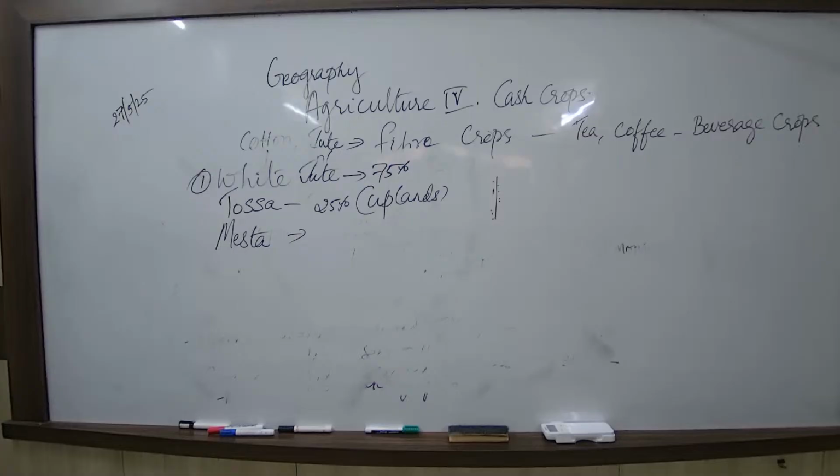See, there was a kind of problem that arose when the partition of India happened. So, the major jute producing area in the world at that time was present-day Bangladesh. When India was divided, this present-day Bangladesh was known as East Pakistan, the Muslim majority area.